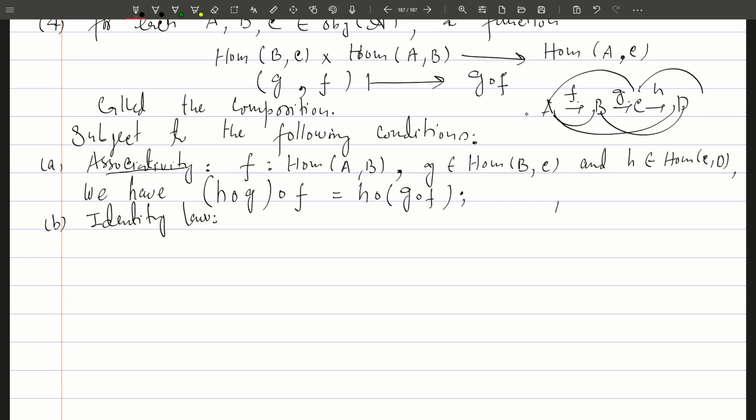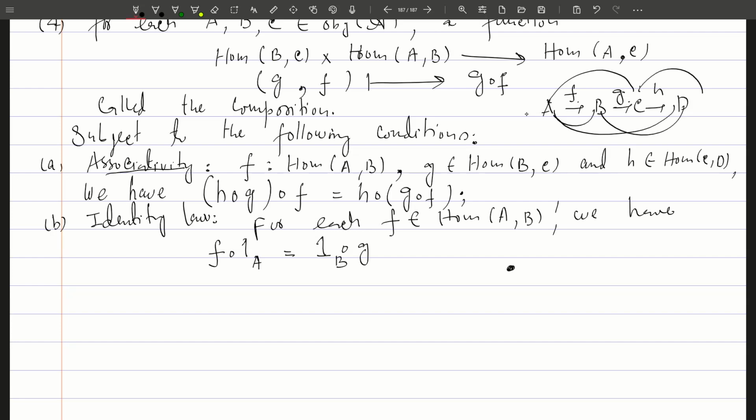This law states that for each morphism F in the set home AB, in the collection home AB, we have F composed with the identity map on A should be equal to the identity map on B composed with F.